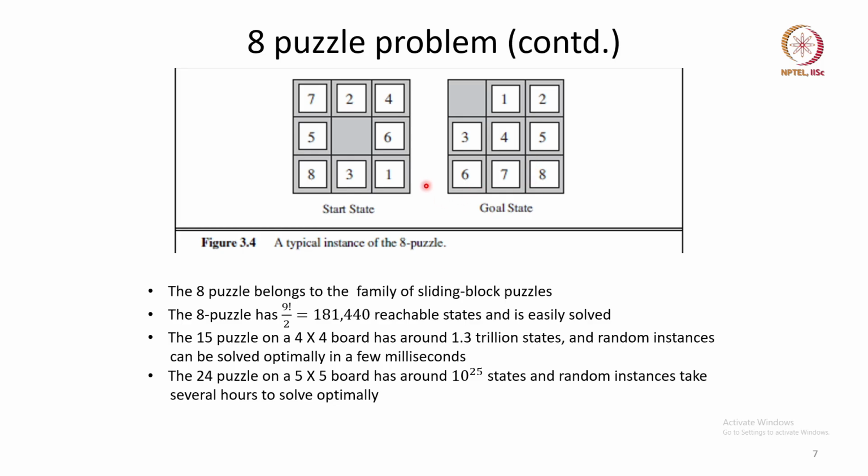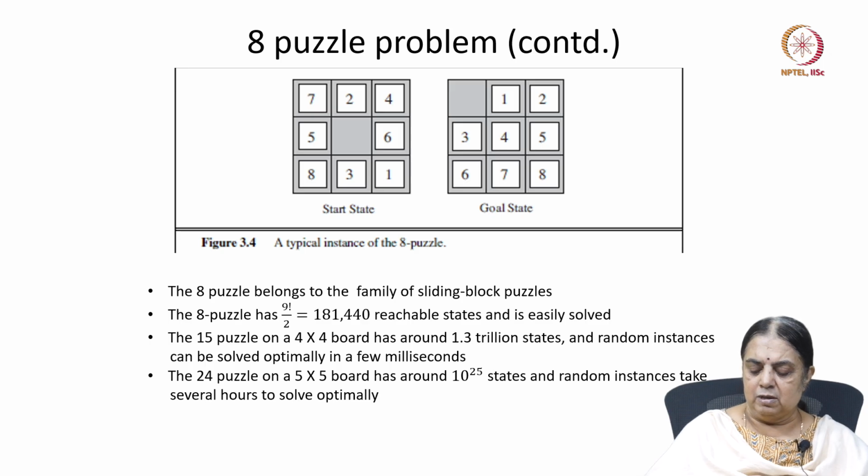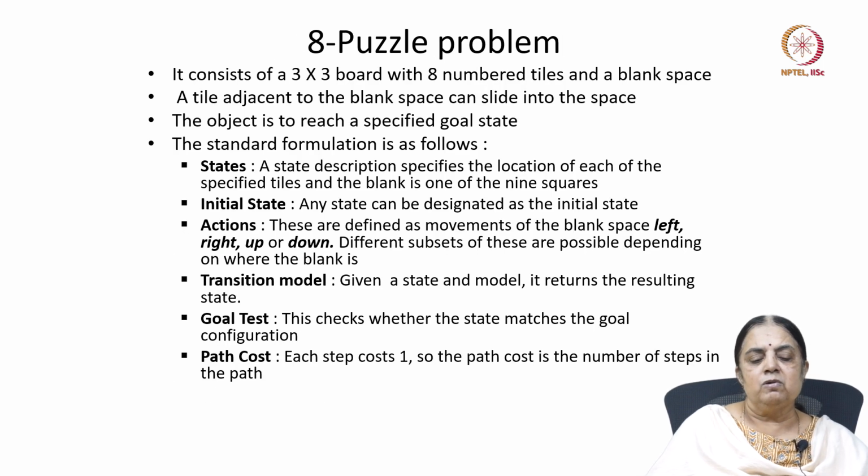What is possible is you can move 6 to the blank space, or you can move 5 to the blank space, you can move 3 here, you can move 2 here, etc. And then from that position you have a new configuration or a new state, and again wherever the blank is you can move the tiles into that blank space, and you keep doing that till you get this goal state. Okay, so that's the basic thing we are trying to do here.